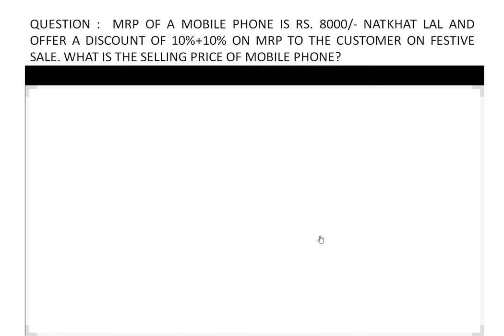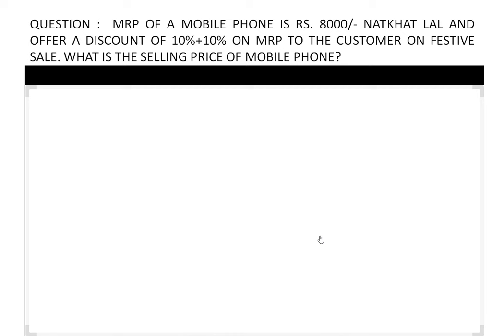Wherever there is 10 plus 10, these are called successive discounts. Like there is an item of 100 rupees. There is a discount of 10%. So then what will be the final price of that item? For 100 rupees, a 10% discount means 10 rupees discount. So 90 will be the selling price.